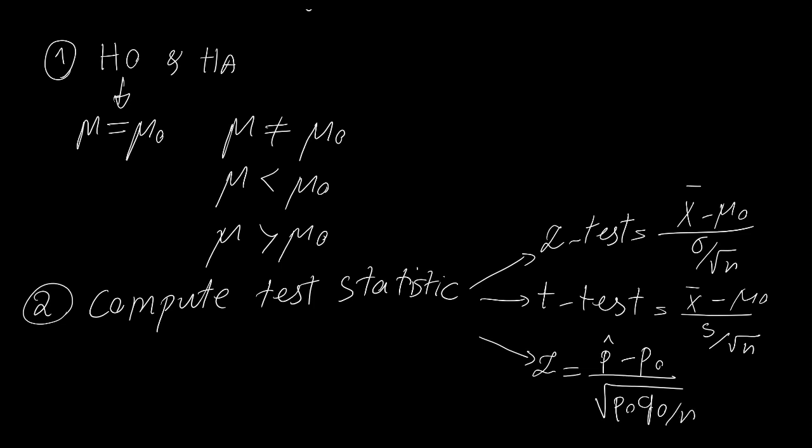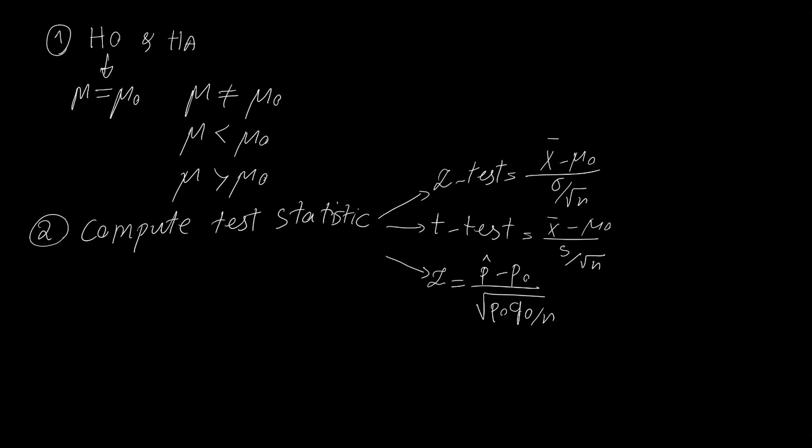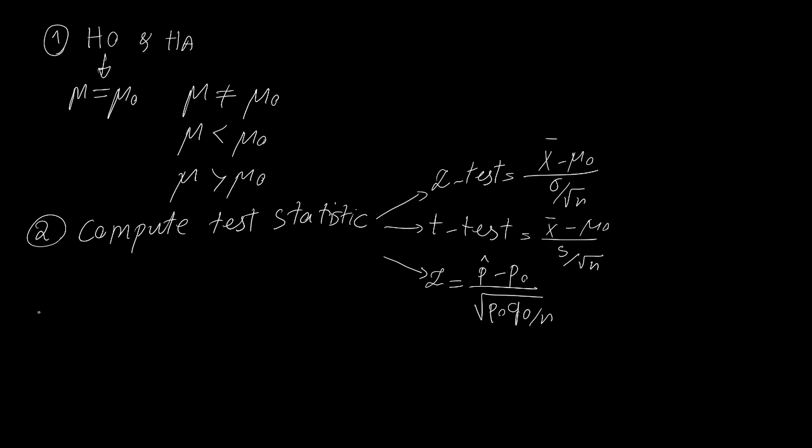So this is the second step, where we compute the test statistic based on the problem. The third step for hypothesis testing is to find a p-value. This is one approach to check the hypothesis test.